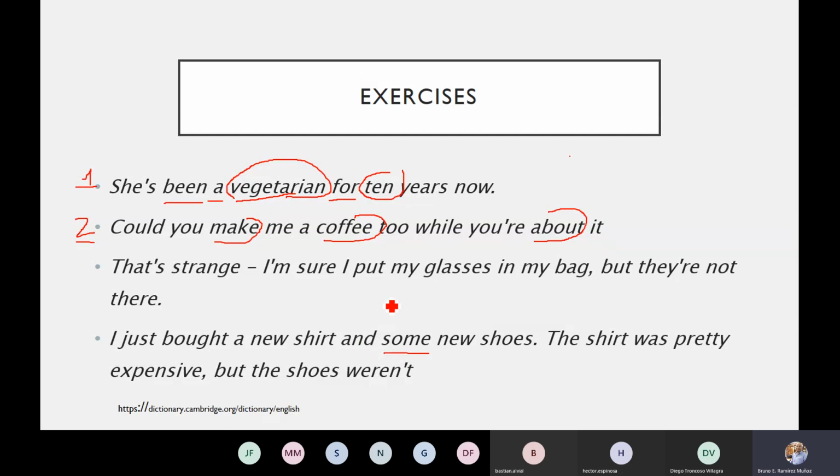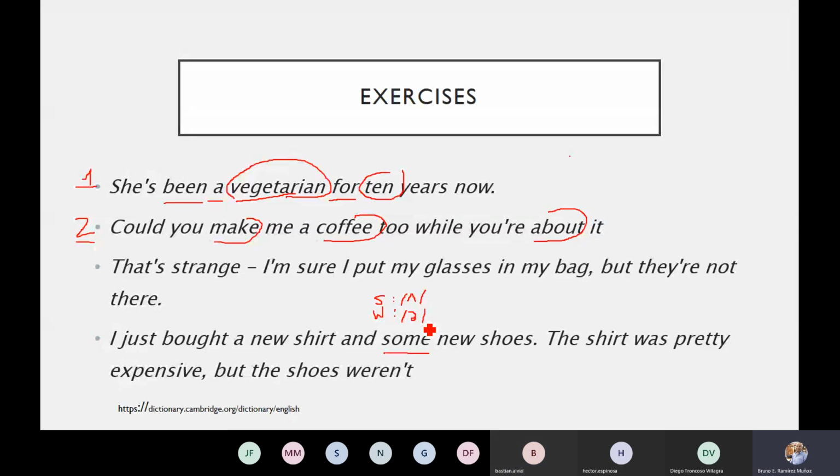The strong form would have a wedge, some, and then there is the weak form for this function word, some. So, some new shoes or some new shoes.